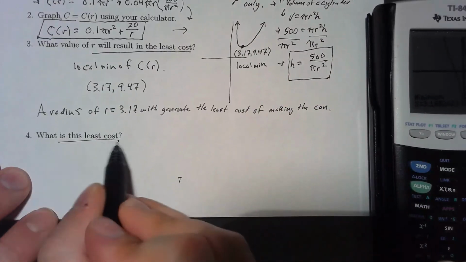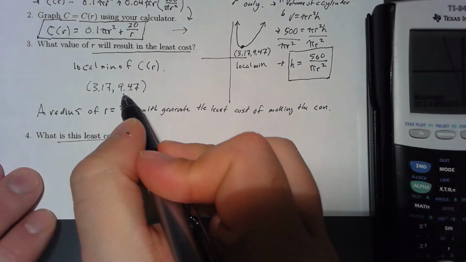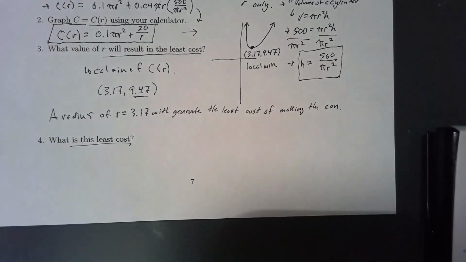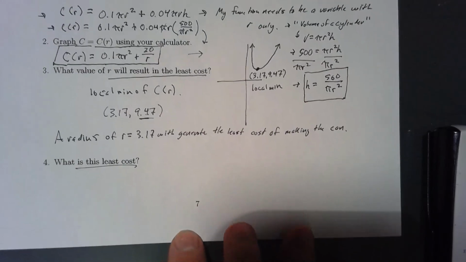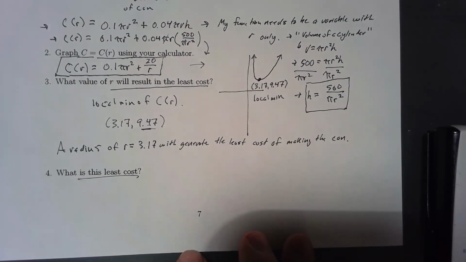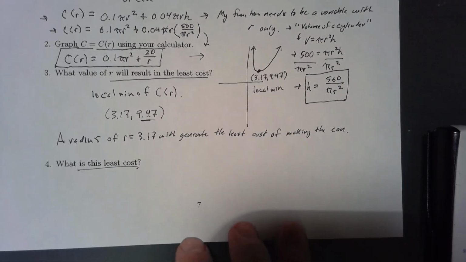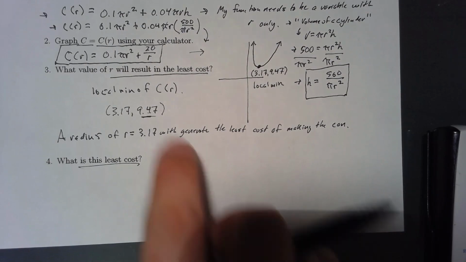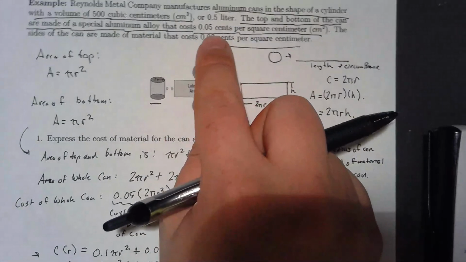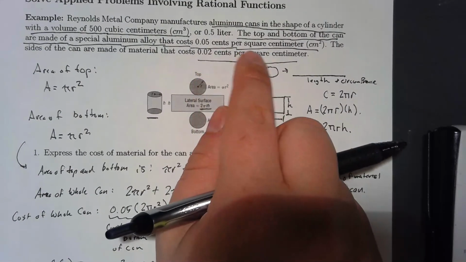What is the least cost? Well, the least cost is just the y coordinate of the local minimum. So the least cost will be $9.47, because the units of money here are cents per square centimeter.